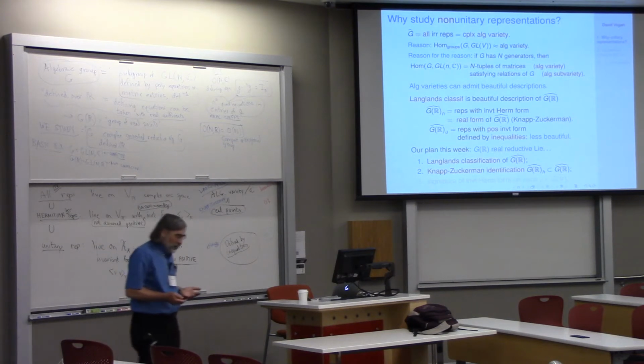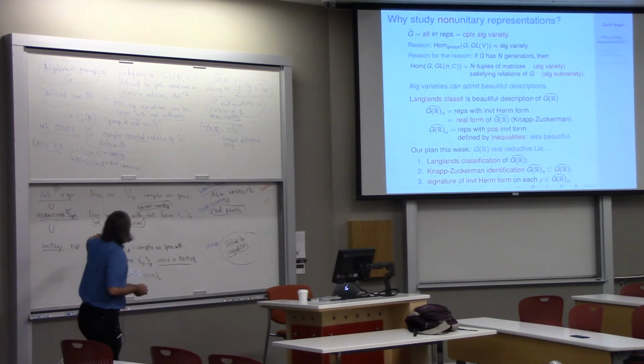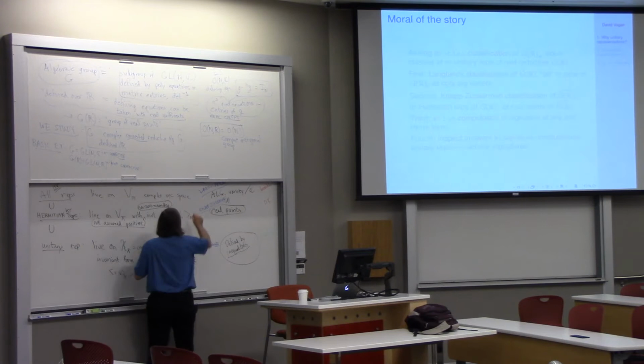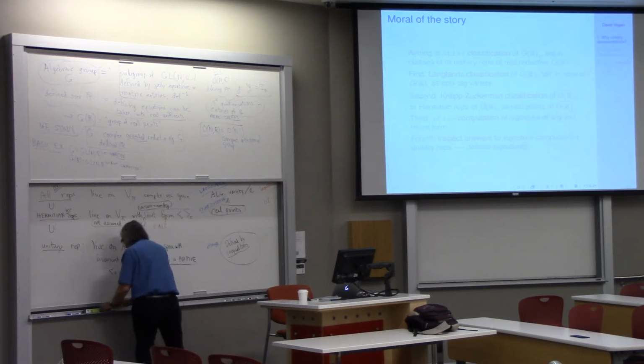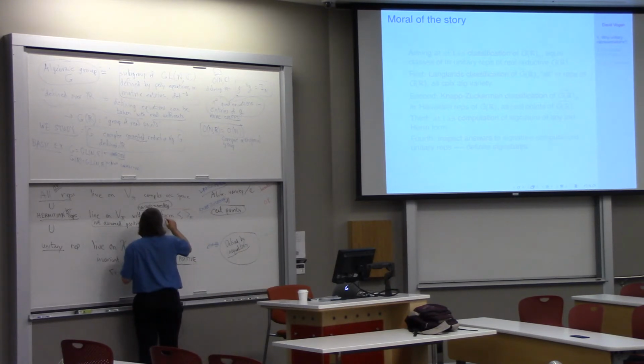And once you have this invariant Hermitian form, the big idea is to calculate a signature for this form.